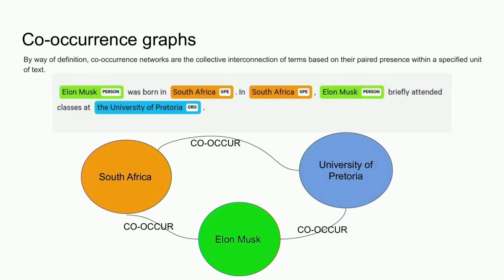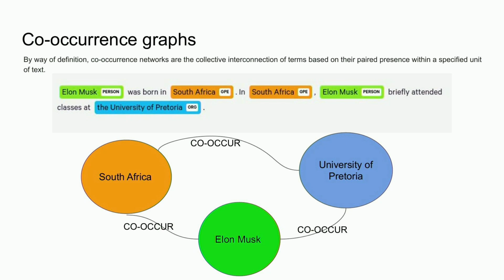Here we could also say, okay, this is good enough. We'll stop with the NLP techniques and just create a graph out of this, when you only have entities in the graph.